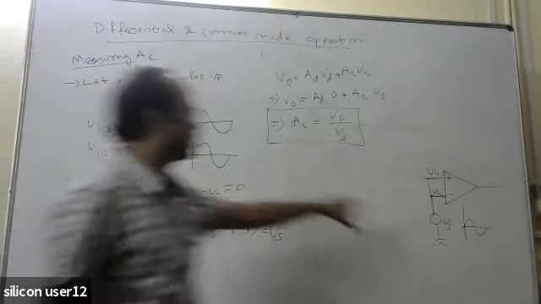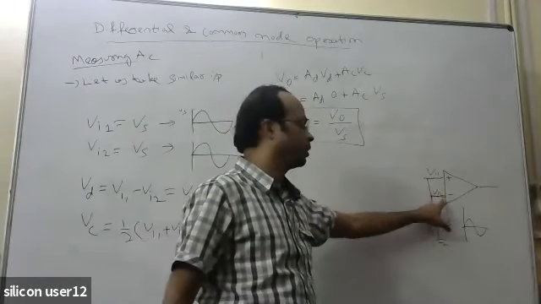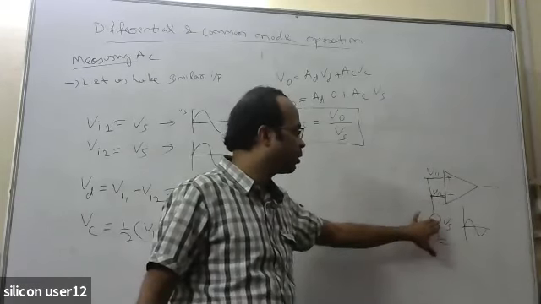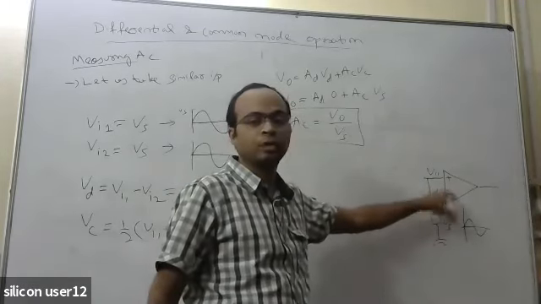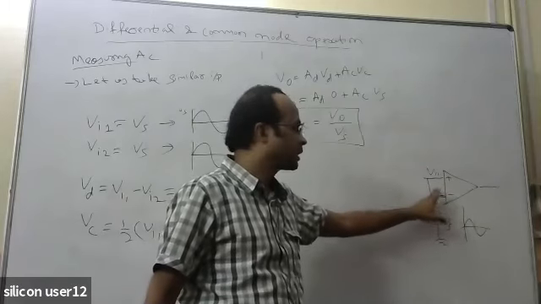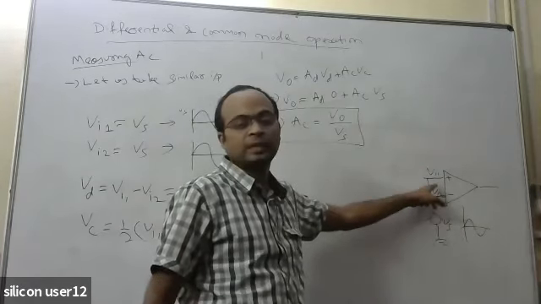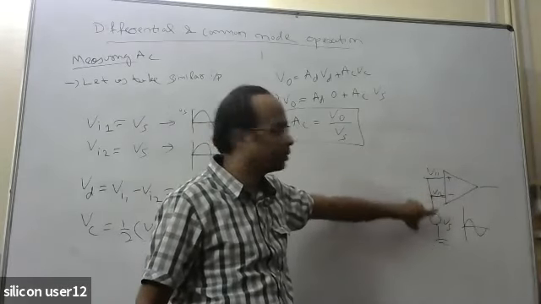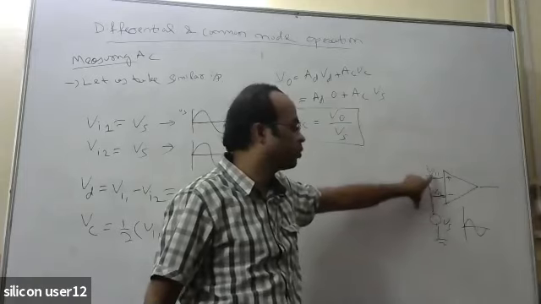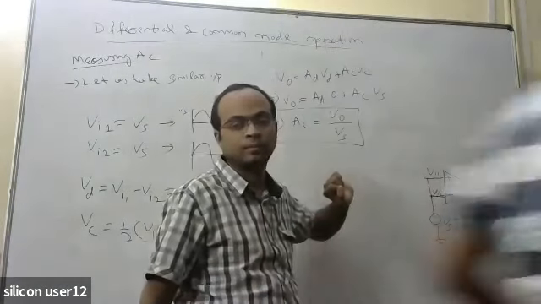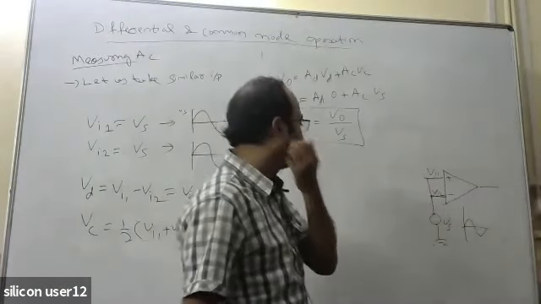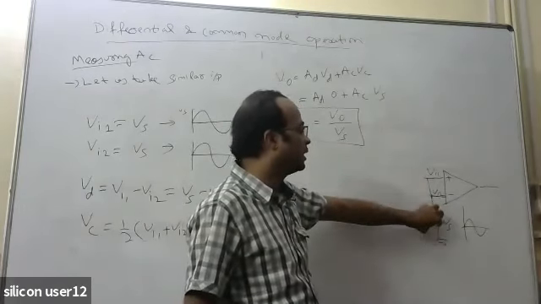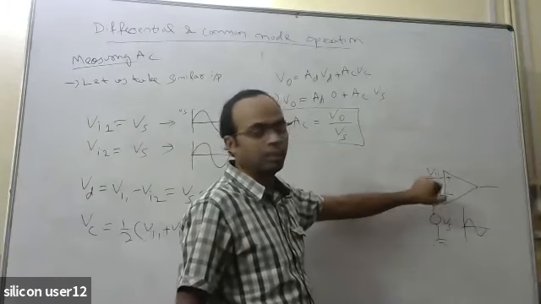Here I have applied Vs to both terminals. Basically I am applying the complete signal as a common input to both the terminals, and the differential input which I have applied is equal to 0. Because there is no differential component here, this signal has been applied commonly to both. So you are applying the signal in a common way to both the terminals.